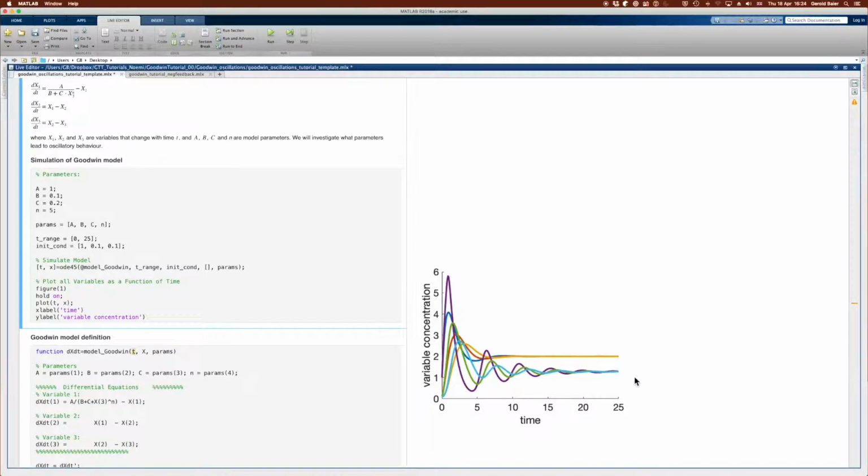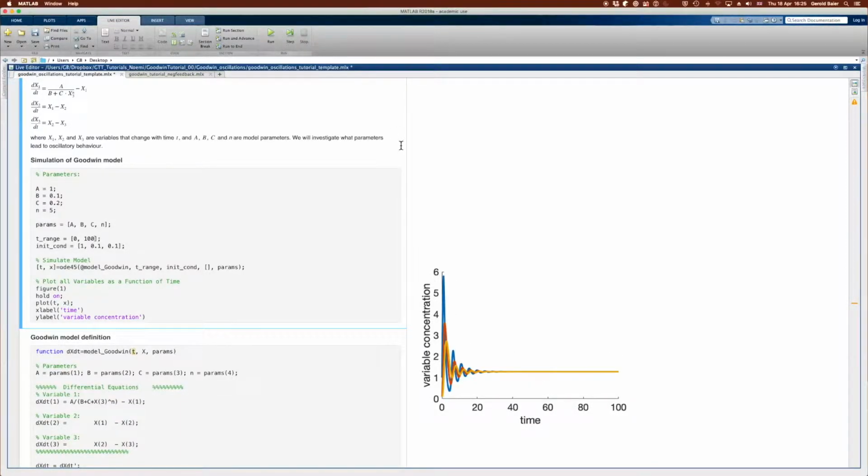But now the question is, do these oscillations eventually die down, or will they continue oscillating? What we can do here is increase the time range to investigate what happens. So let's have a look at what happens, for example, when we set the maximum time to 100. So let's replot that.